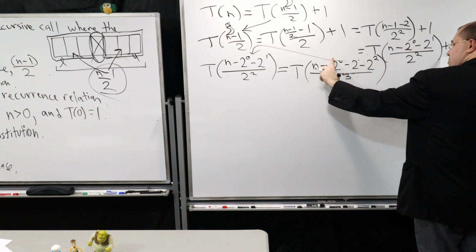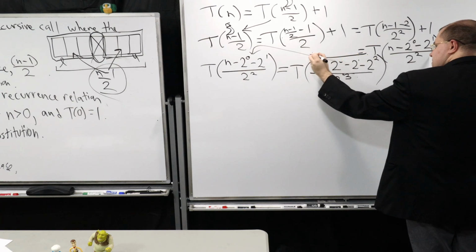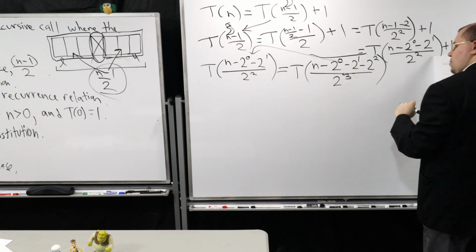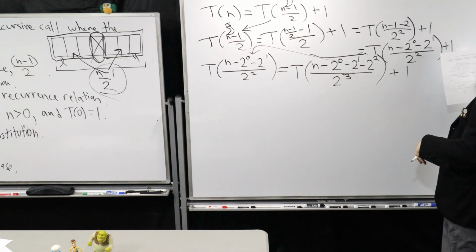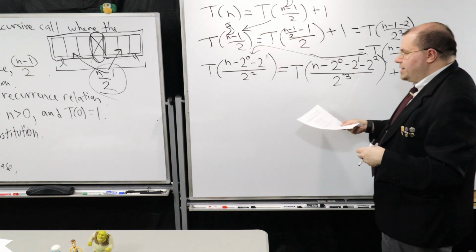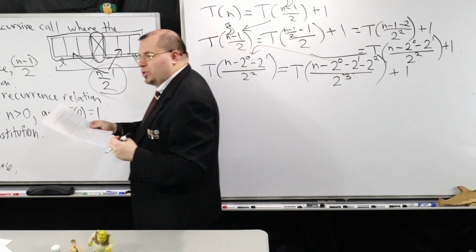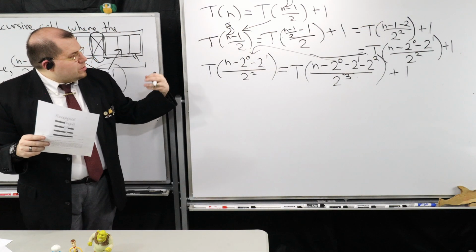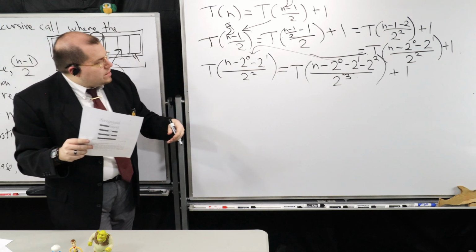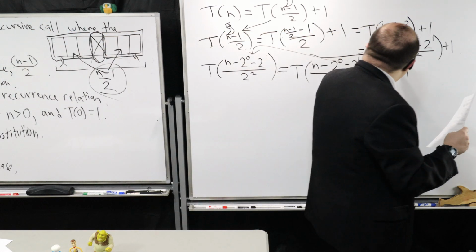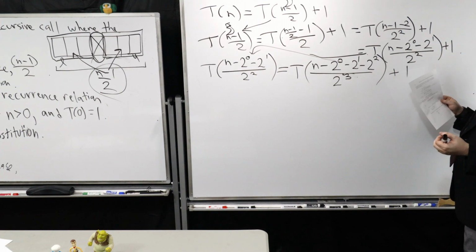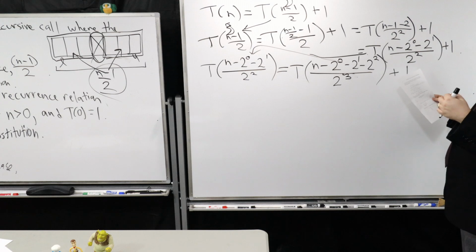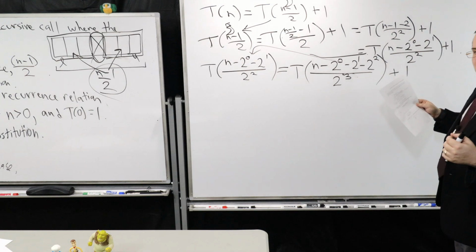Sorry, let me just move this arrow a little bit. 2 to the 0, 2 to the 1, and 2 squared, all over 2 cubed, plus 1. Now, I can keep doing this over and over again, simplifying it down, but you'll notice every single time I do this, I increase the number of powers of 2 I have on the top, and every time the exponent here goes up by 1.